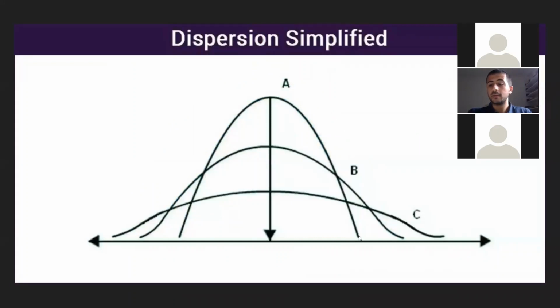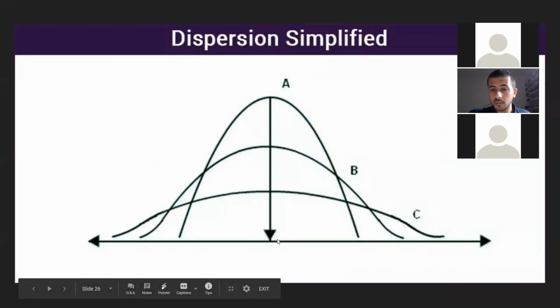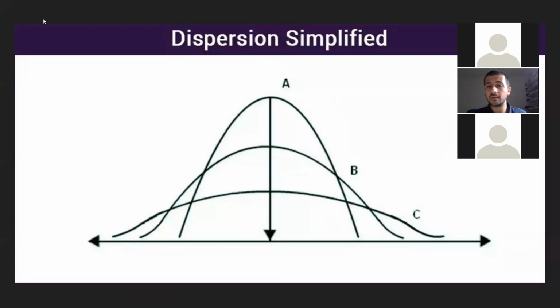Okay. The other thing this distribution should have is the dispersion. Dispersion should be the same because if I give you those three lines, they all have the same mean, the mode and the median in the same point.